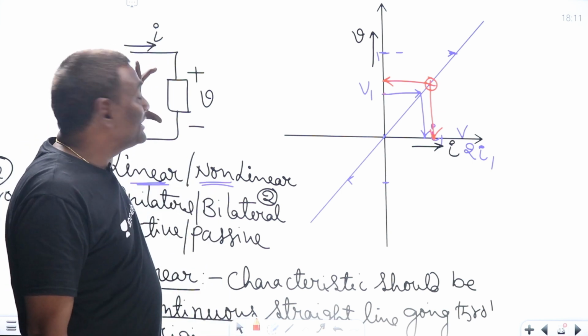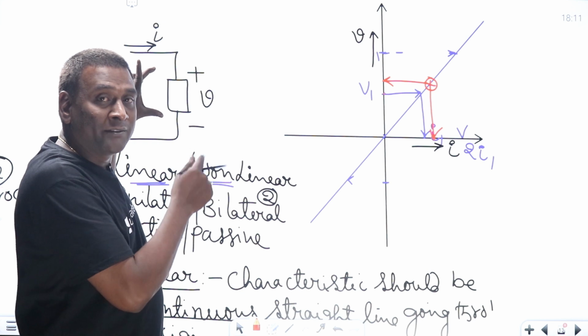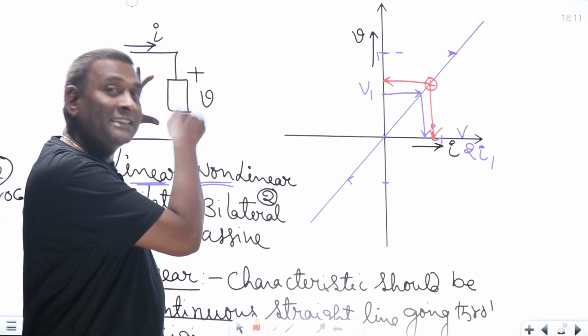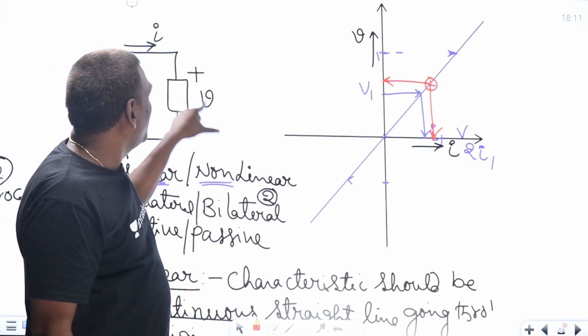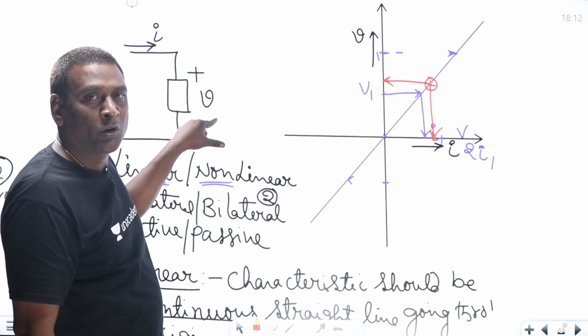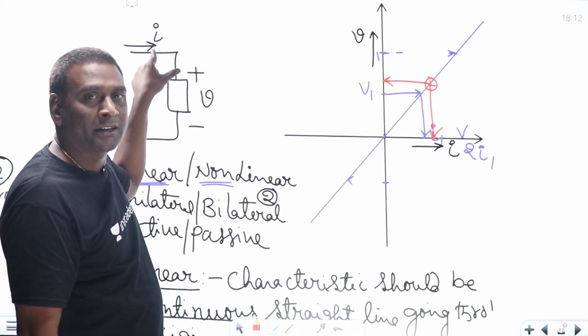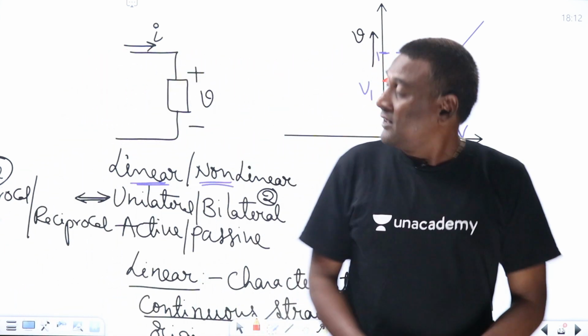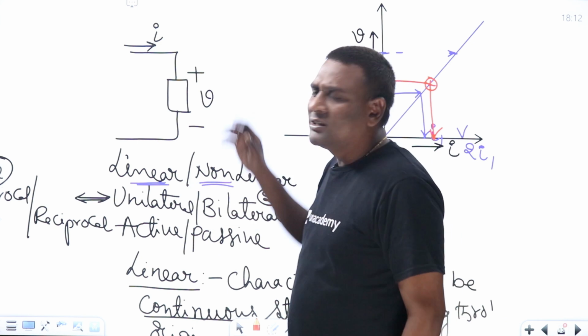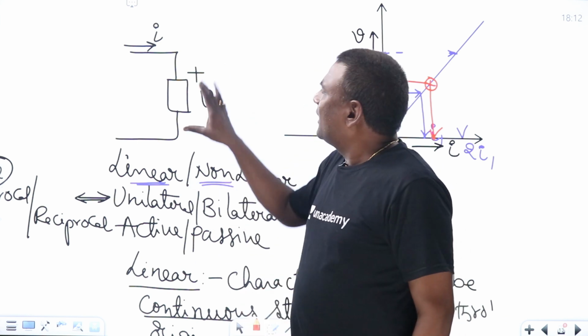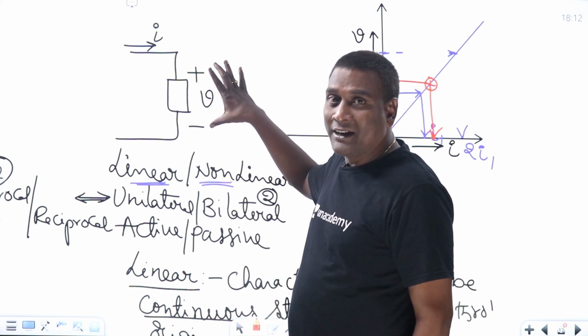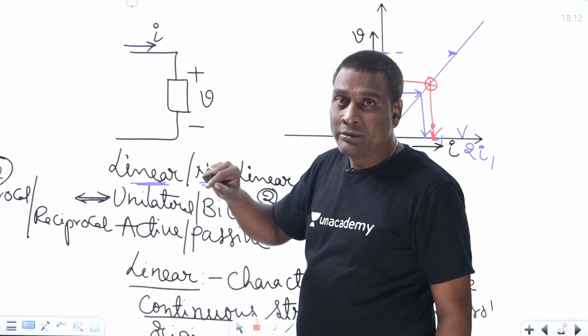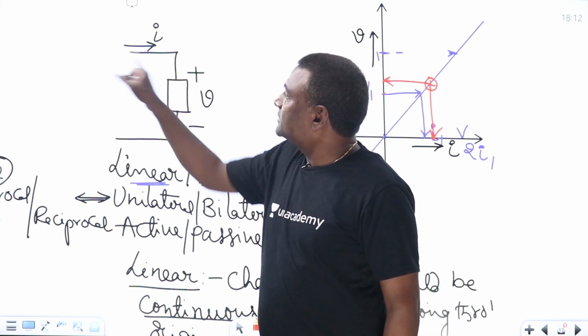Meaning that by passive sign convention, that's why sign convention is important, for positive voltage magnitude and positive current magnitude, it is going to absorb power. This was one of the ESE questions, and in that they have given this. But for example, if they have shown the current in the opposite direction in your exam.